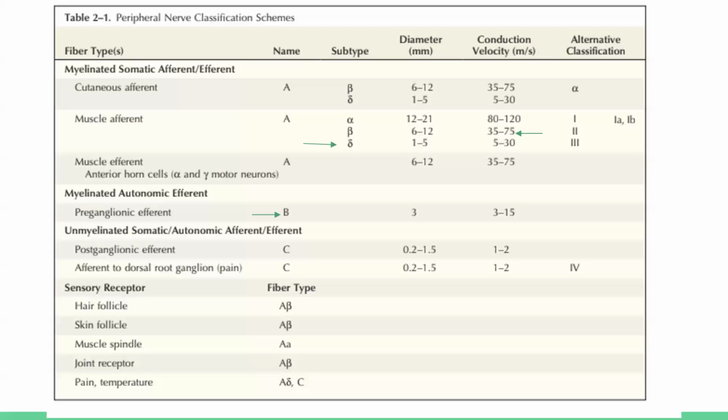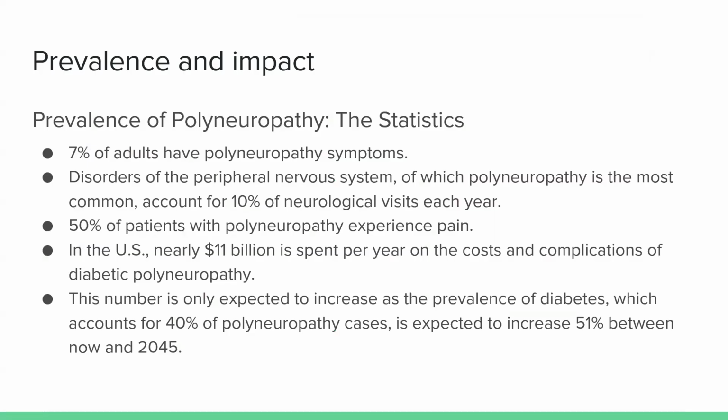So whenever we have a small fiber neuropathy, ordering a nerve conduction study or EMG will not be relevant. But for larger fibers, we have the A beta and the A alpha, and we can order those tests because we can actually assess the nerves on the nerve conduction study. This was the point I wanted to make.